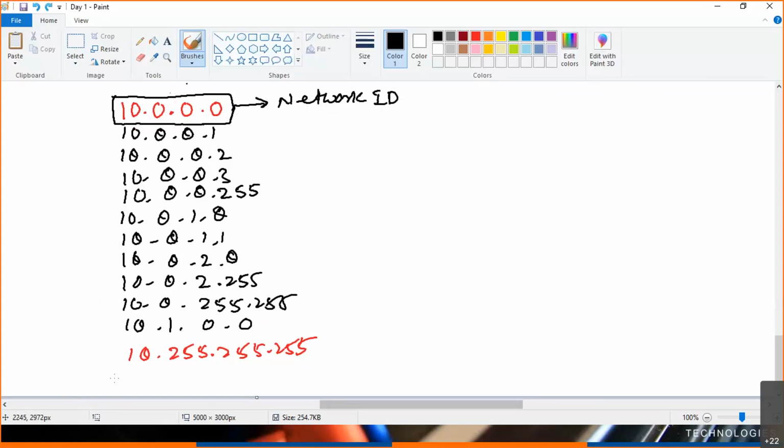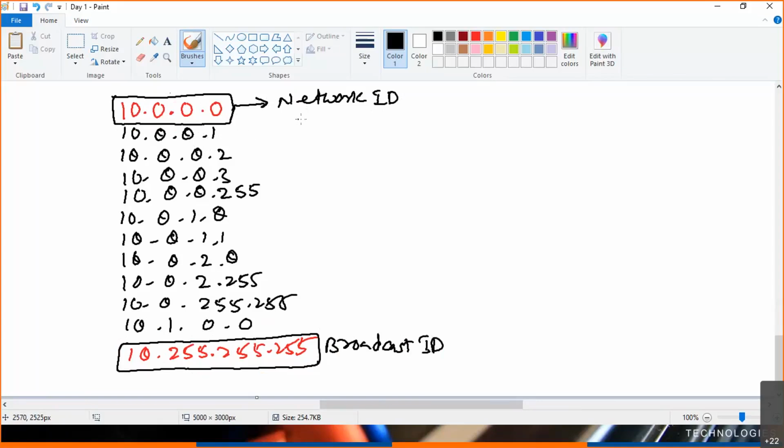The last one is also not usable, which is 10.255.255.255. This IP address we call the broadcast ID. So here two IPs are being subtracted, one for network ID and one for broadcast ID.